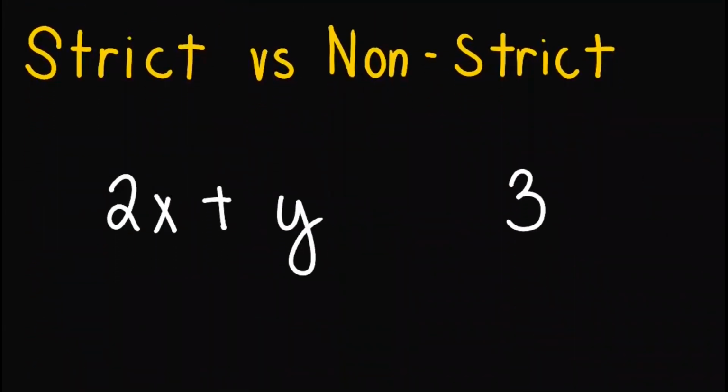Now, with that out of the way, an important concept in inequalities is the idea of strict and non-strict inequalities. When we say an inequality is strict, then we have either greater than or less than.